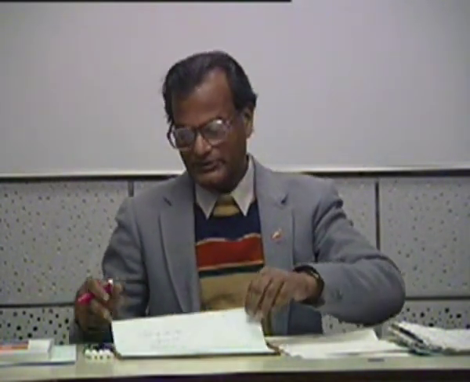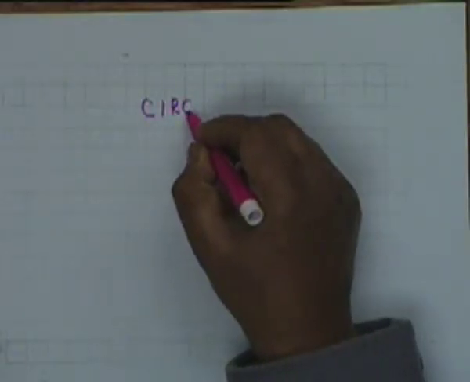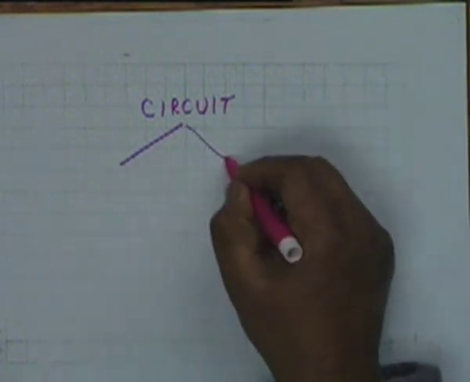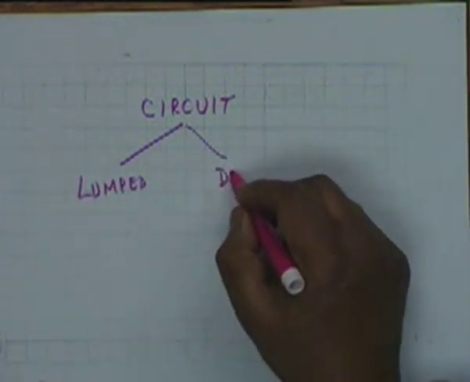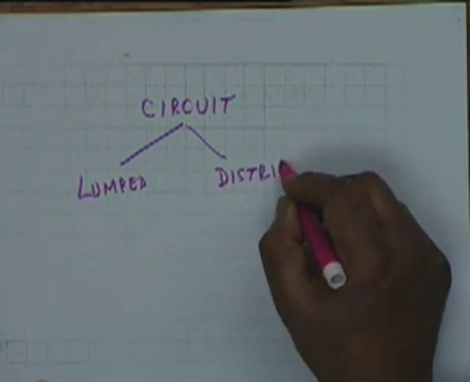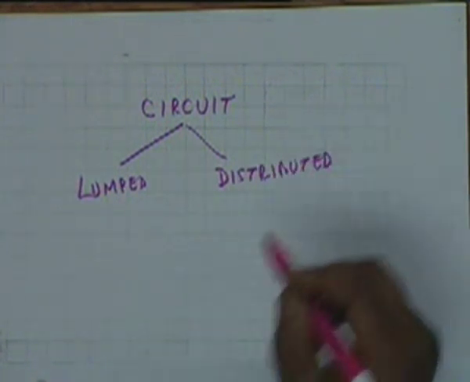Otherwise, it is not a circuit. A circuit can be of two types. Circuit can be lumped or distributed. These are all new terms, and therefore you should pay attention to their meanings and interpretations.